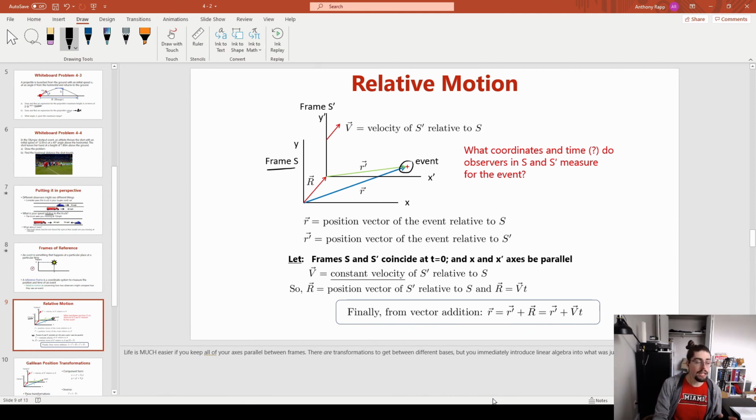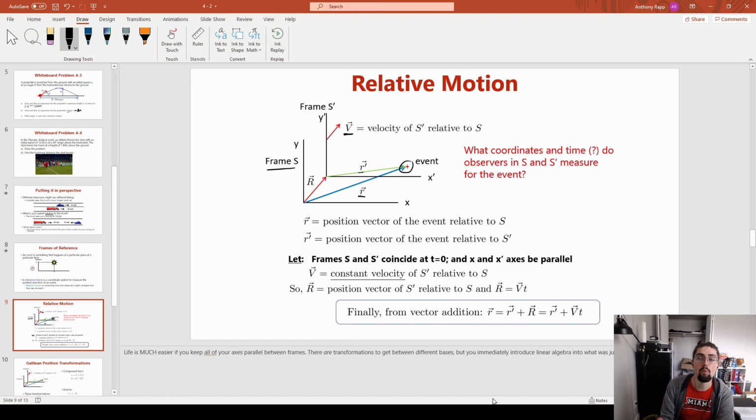So these also take into account that one of these observers might be moving. In this case, what we've got right here is that S prime is not actually just a stationary frame, it is a moving frame. S prime is moving at a velocity capital V. They see the event happen at a different place depending on how long they've been moving before the event happens. So from S's perspective, we see R. From S prime's, we see R prime.